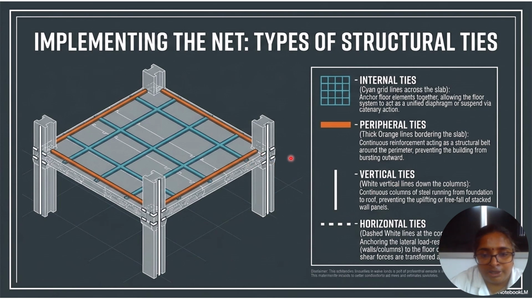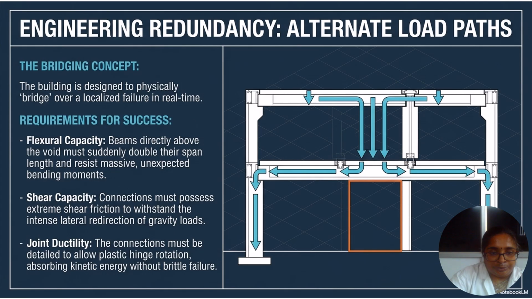And vertical ties: these are continuous columns of steel running from foundation to roof, preventing the uplifting or free fall of stacked wall panels. Horizontal ties, given as discontinuous lines according to the lateral load resisting frame, that is walls or columns to the floor. Shear forces are transferred through these ties.